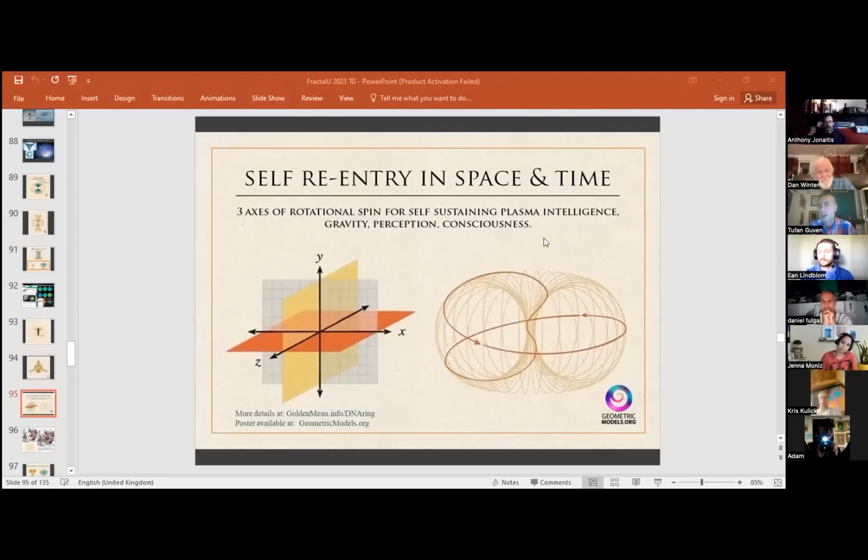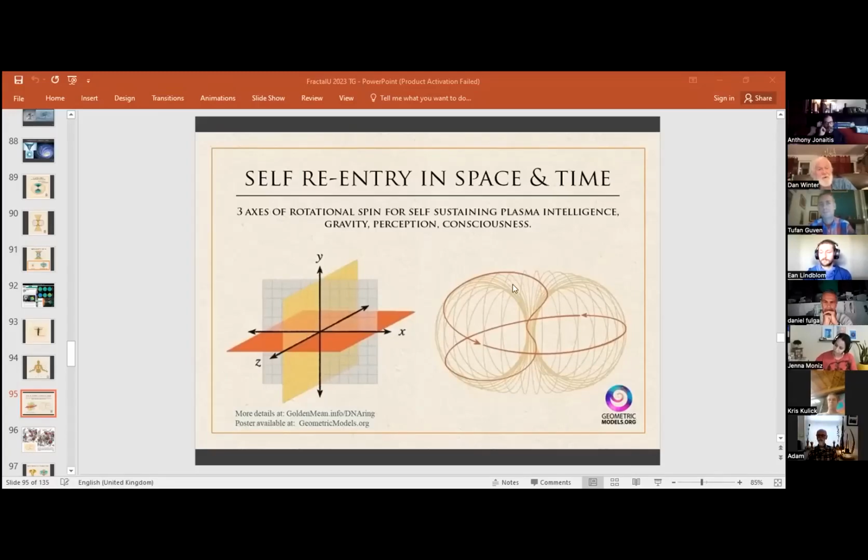And we know from hydrodynamics that the 3 axes of rotational spin allow the only self-sustaining shape. This is why it's important to understand those 3 axes and how it helps the toroidal spiral shapes. You've basically got 3 axes of spin superposed, and the torus is the only way to do that.